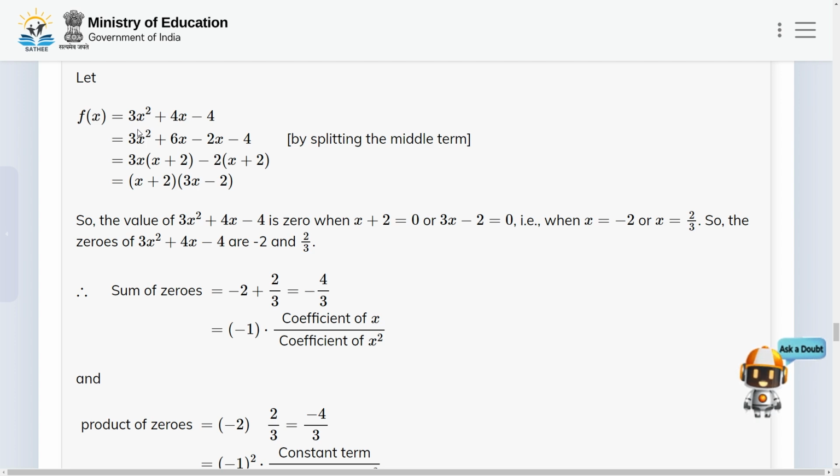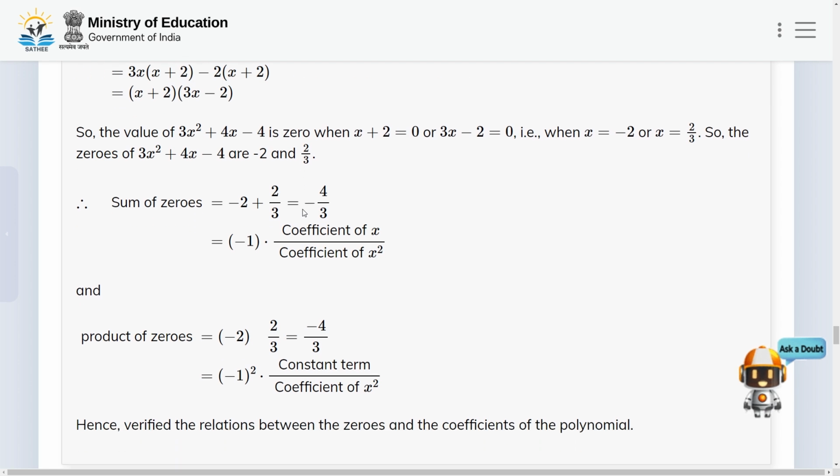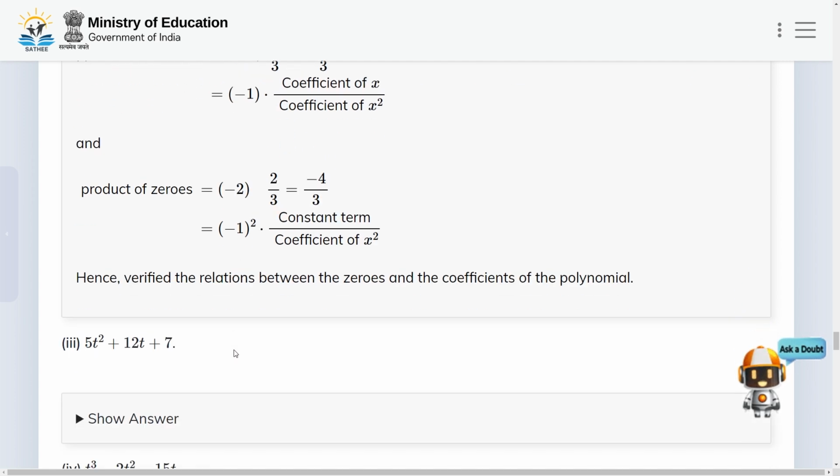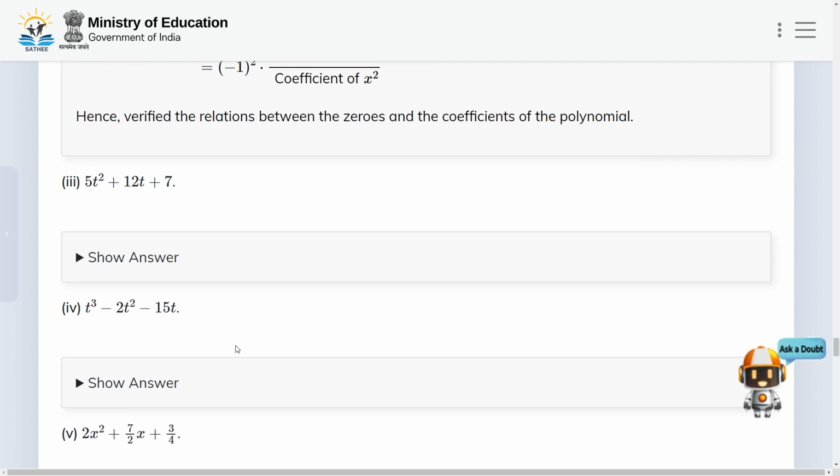Now the product of zeros is minus 2 times 2 by 3, which is minus 4 by 3, and this is equal to the constant term, that is minus 4, over the coefficient of x square, and here the coefficient of x square is 3. Hence verified the relation between the zeros and the coefficients of the polynomial.